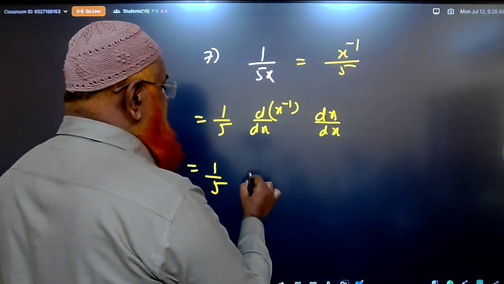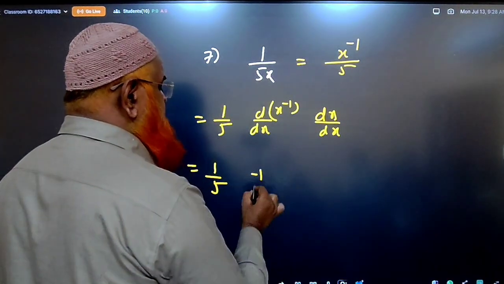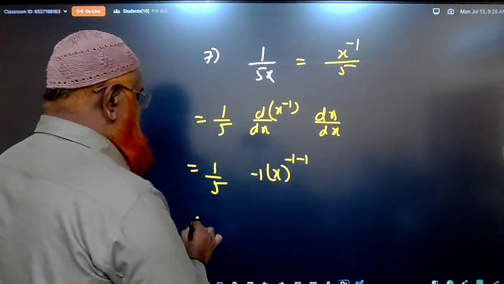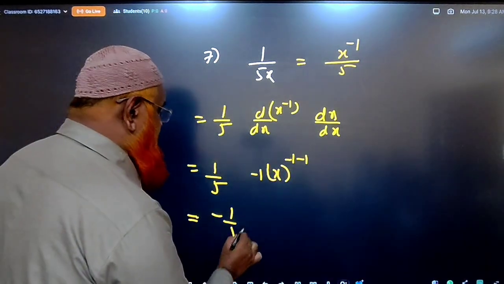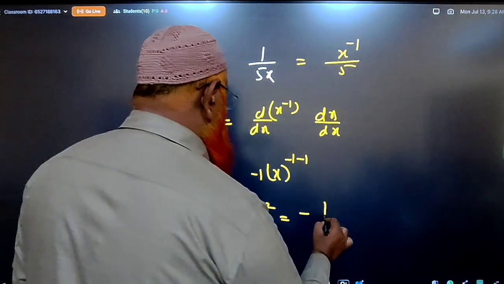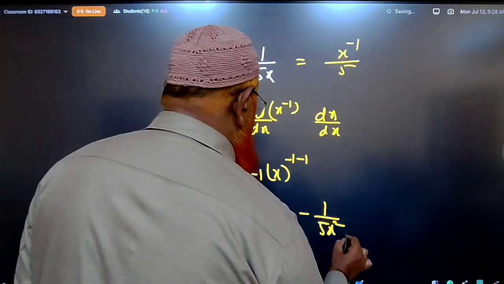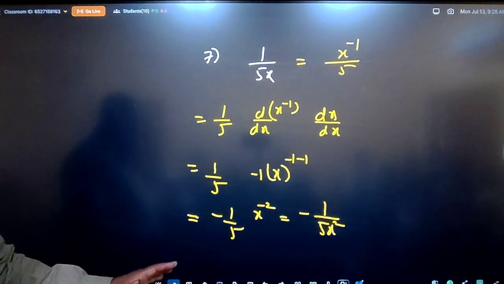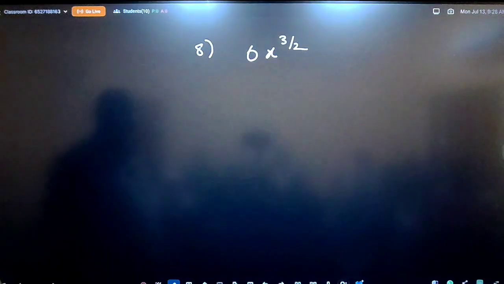Okay, so this is n, where n means minus 1 into x power of minus 1 minus 1. So this is going to be minus 1 by 5, and this is going to be x power of minus 2, which can also be written as 1 by 5x square. Hope you understood what I am saying now. Is it? Okay. So like this you have to write the final formula.